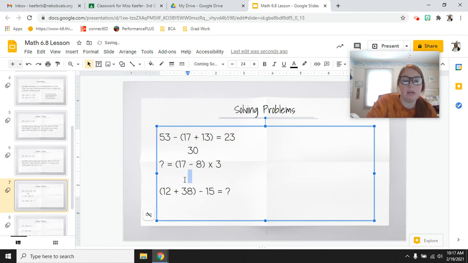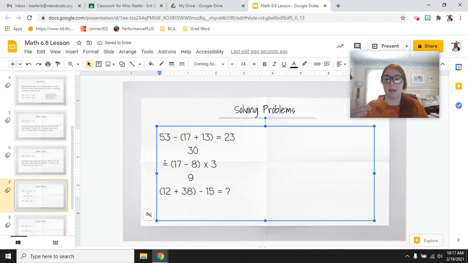So let me go over. 17 minus 8 equals 9. So then for our answer, we would do 9 times 3, which would equal 27.